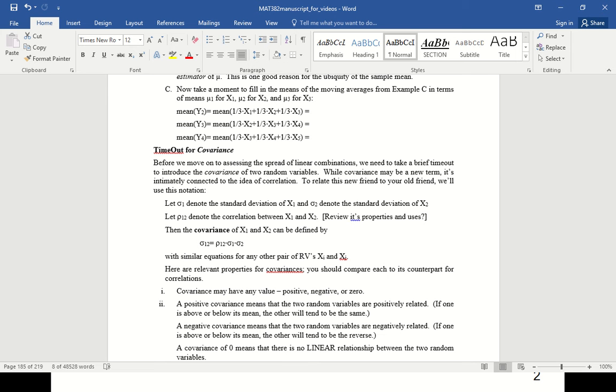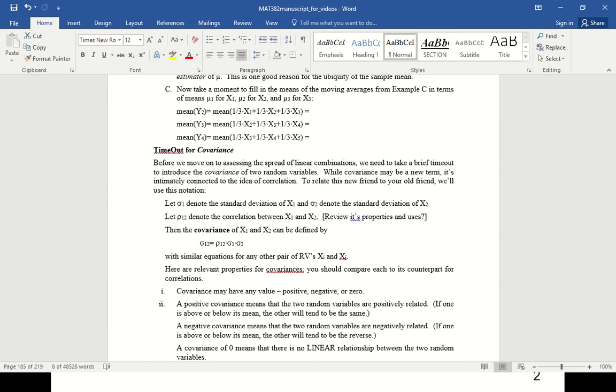And so the covariance, we're going to represent this as sigma 1, 2. This will be the correlation between 1 and 2 times the standard deviation of the two. Another way you could say that is r is equal to the covariance between the two divided by their respective standard deviations.